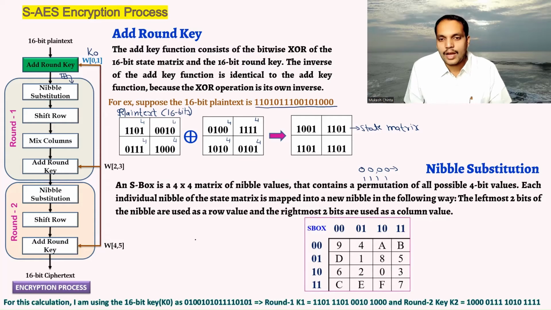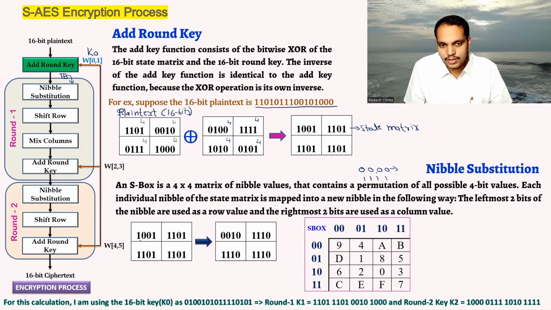Let us implement this nibble substitution on our state matrix. Let's take 1001. The leftmost 2 bits form your row, and the rightmost 2 bits form your column.